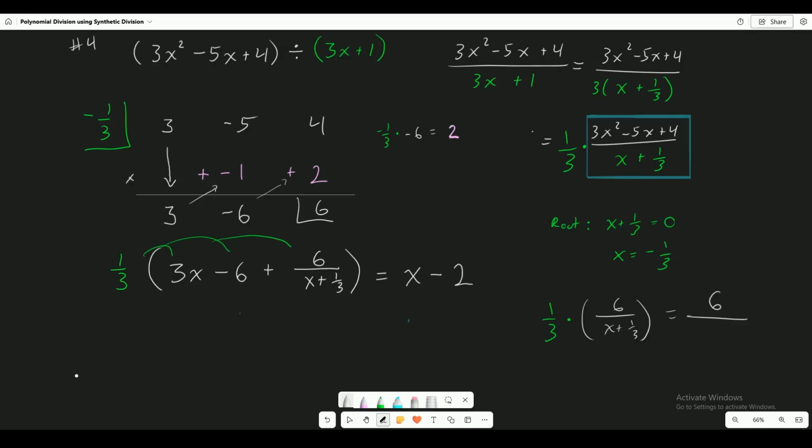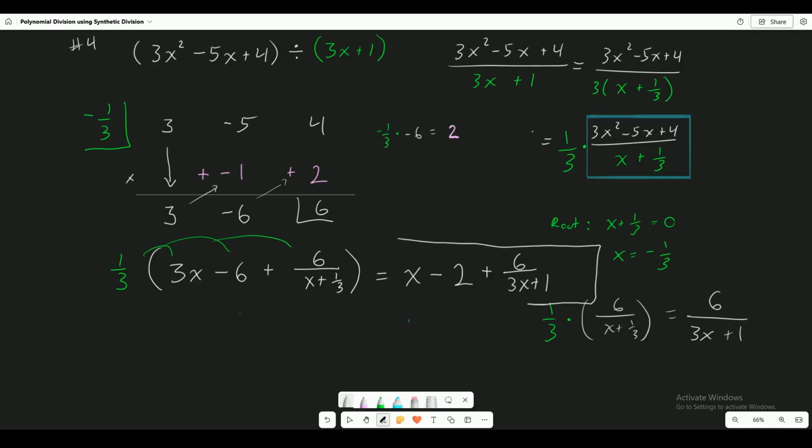Right? You can multiply numerator by numerator, denominator by denominator. So 3 times x is just 3x. And 3 times 1/3 is 1. So my final result is plus 6 over 3x plus 1.